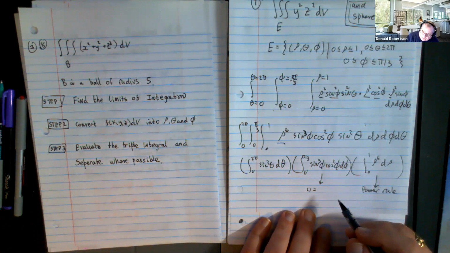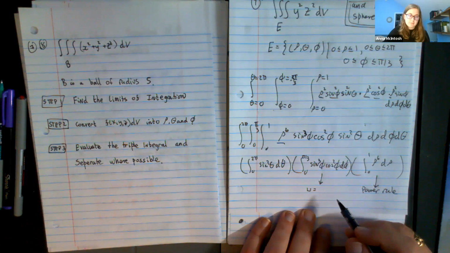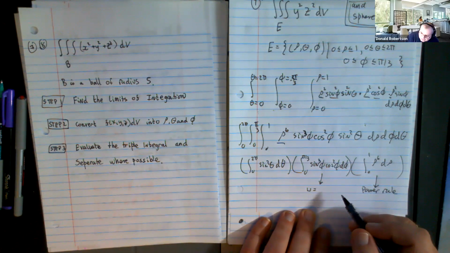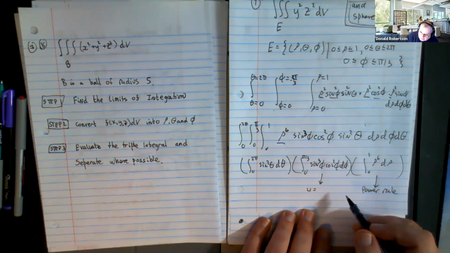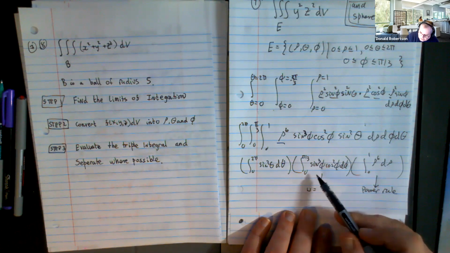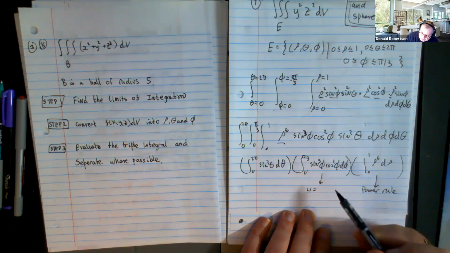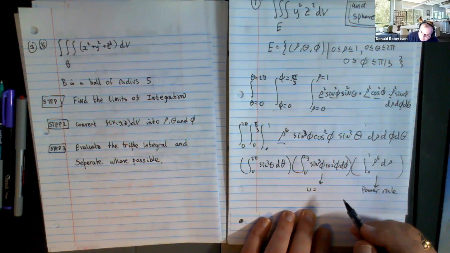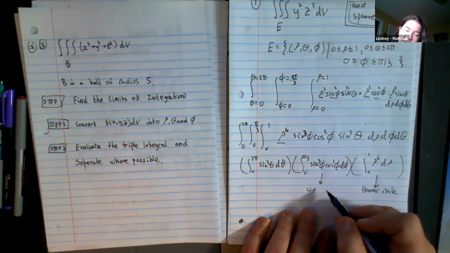What is the U sub? Sine phi? That's the same thing that I said no to. What is the U sub in sine cubed cos squared? I guess it has to be cosine then. It does have to be cosine.